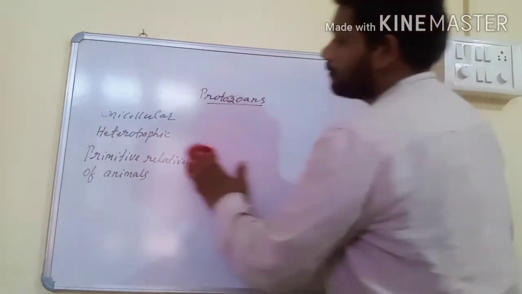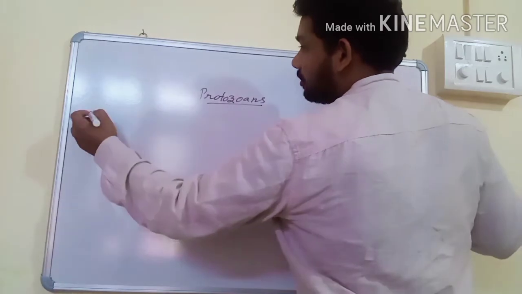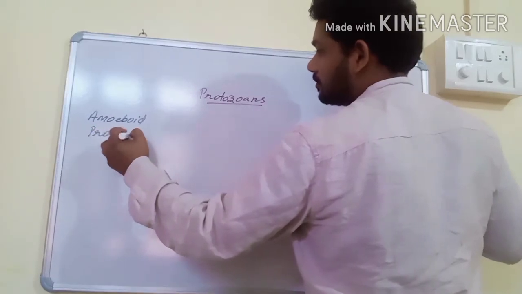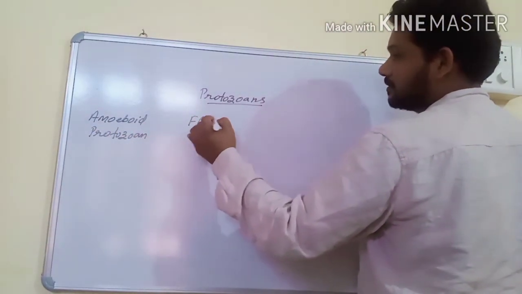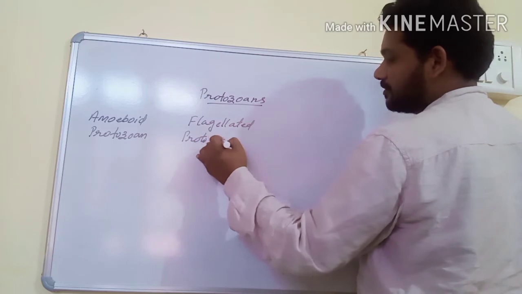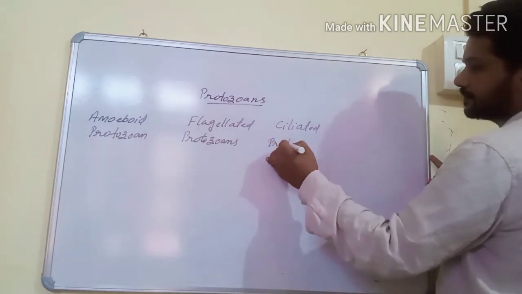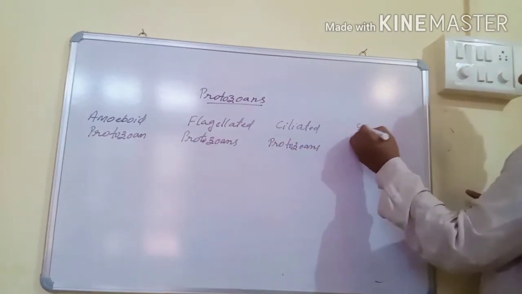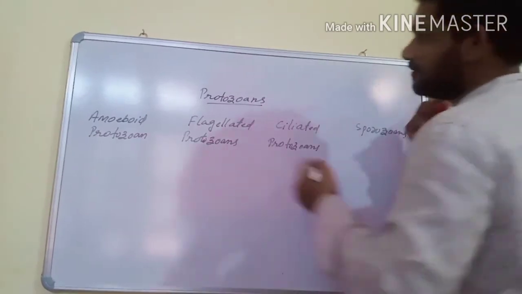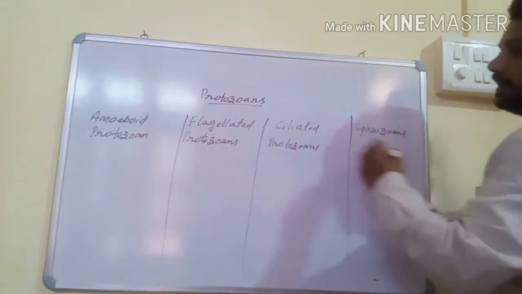There are 4 categories of protozoans: amoeboid protozoans, flagellated protozoans, ciliated protozoans, and sporozoans.